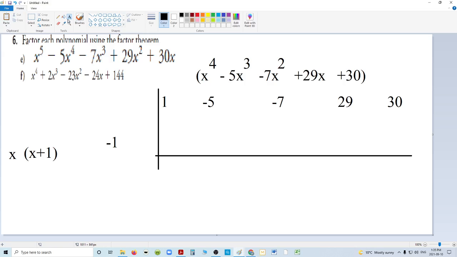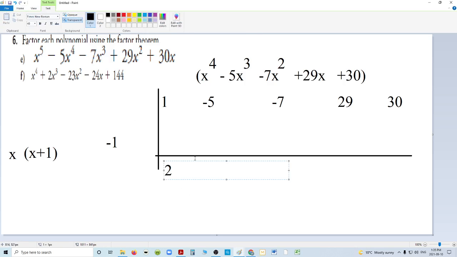Okay, so I simply bring the 1 down. I multiply by minus 1 here, I get minus 1. I add them together, get minus 6. I multiply by minus 1, I get 6. I add them together, I get minus 1. And you'll know you made a mistake if it doesn't come out as 0 in the end. I get 1. I add them together, I get 30. And here I get minus 30.